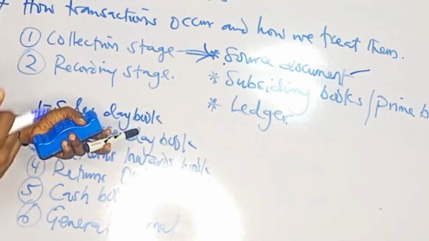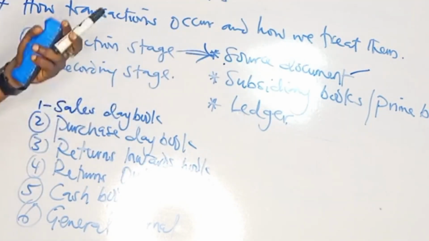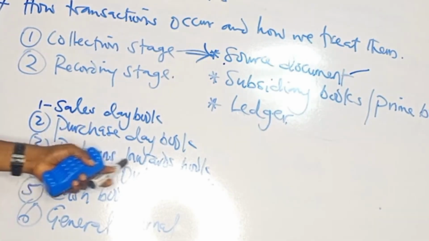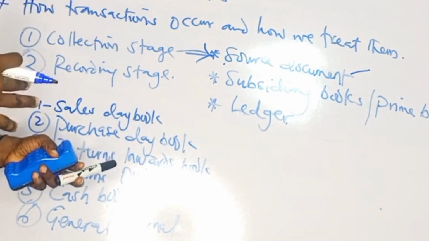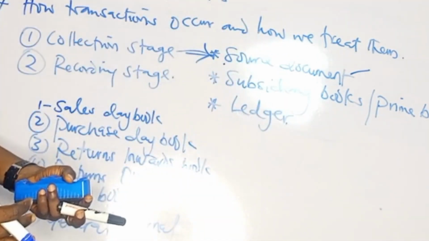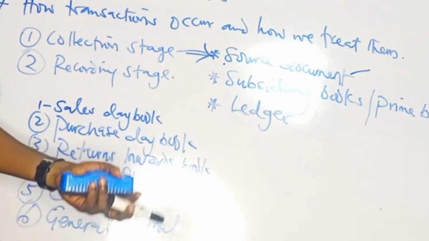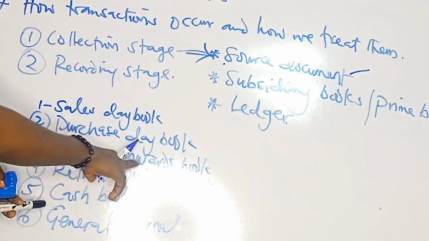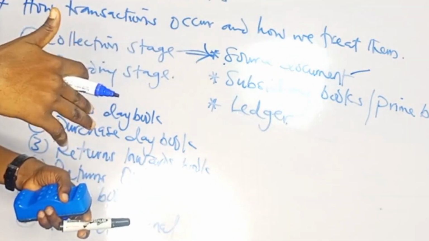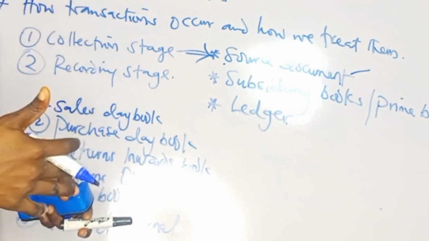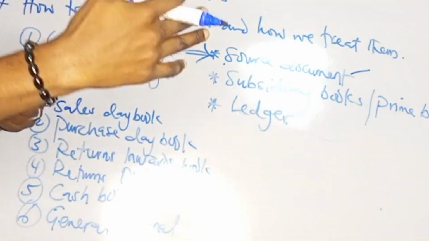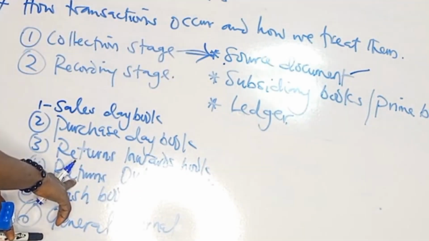When you buy goods from your suppliers on credit, you didn't pay for them, you record them in the purchase day book. In the returns inward book are sales returns, goods that you sold and some of them were returned to you, maybe due to bad state. You record them in the returns inward. Returns outward, goods that you bought from your suppliers and you discovered that some of them are bad. Those returns are recorded in the returns outward book.